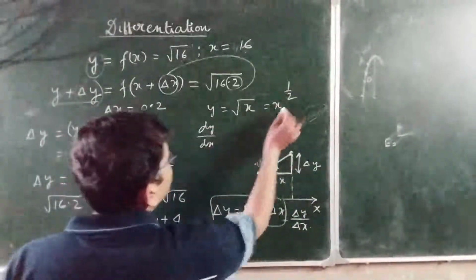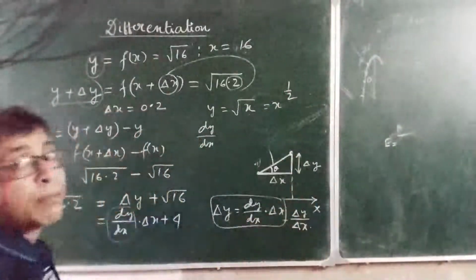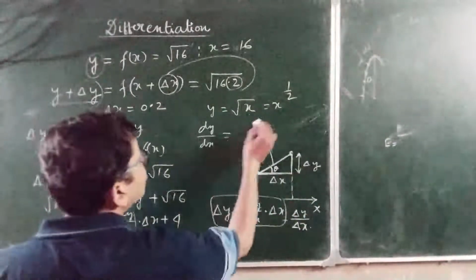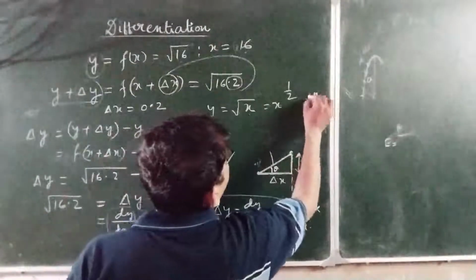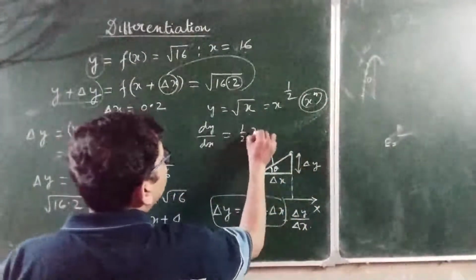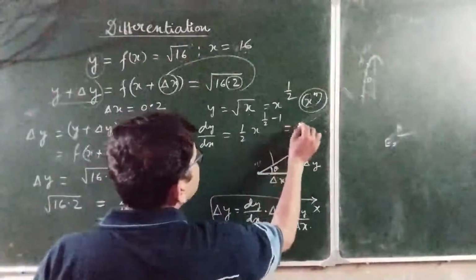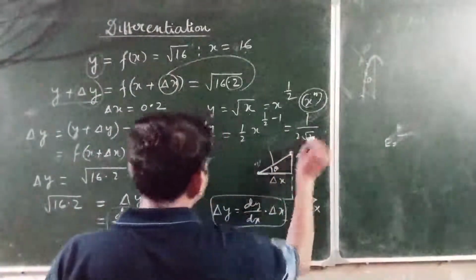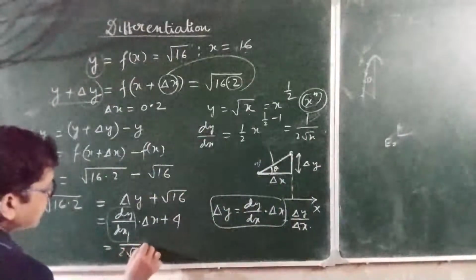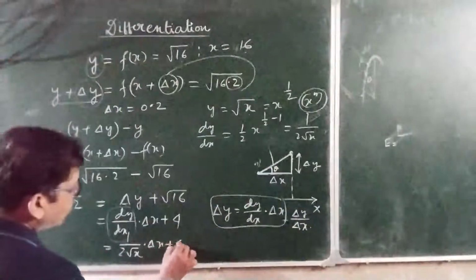So it is a power function. We already have discussed that according to the function, the formula is used. So the formula of x to the power n can be used here: n x to the power n minus 1. That means 1 by 2√x. So here 1 by 2√x into del x plus 4.